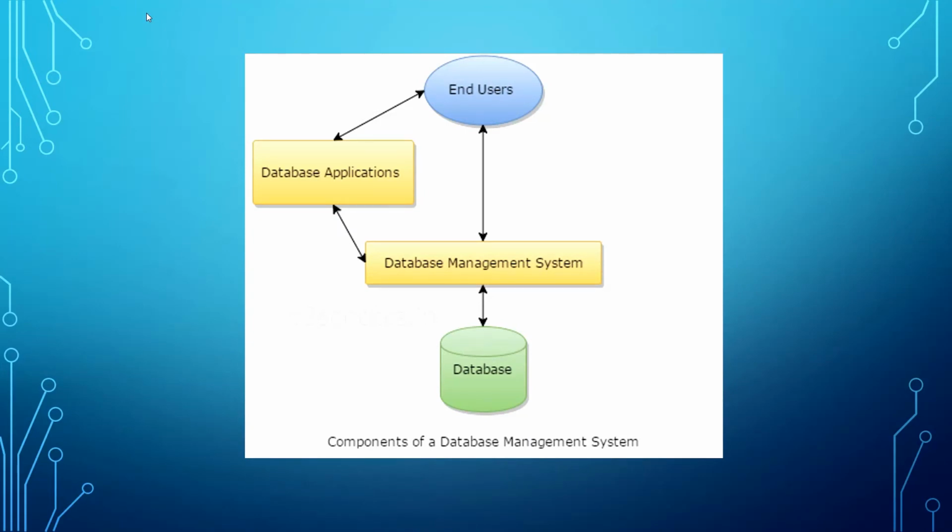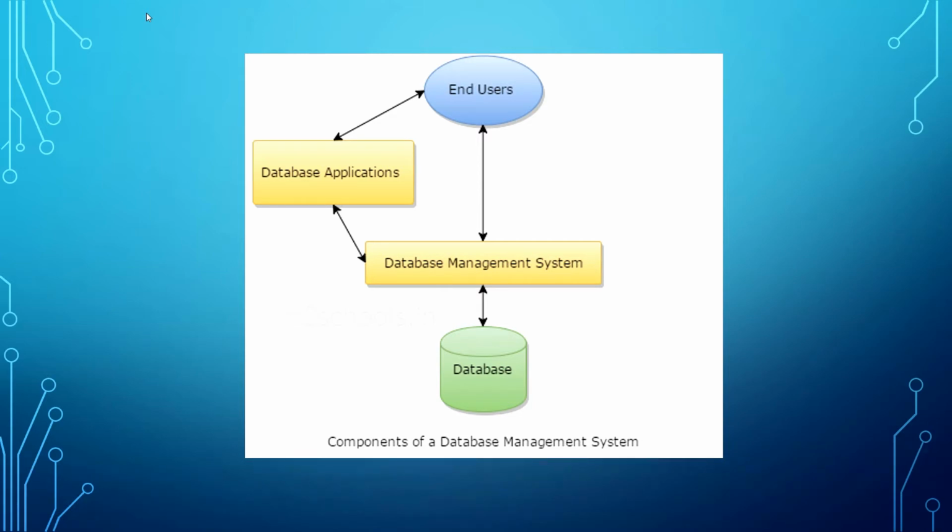There are four components to a database management system. First is the user. The user can be of many kinds, such as the database administrator, the system developer, or the database user themselves. Next is the database application, which is the application that uses the information inside of the database.